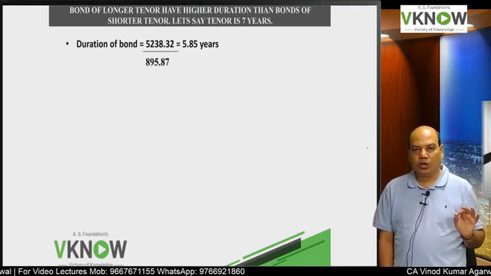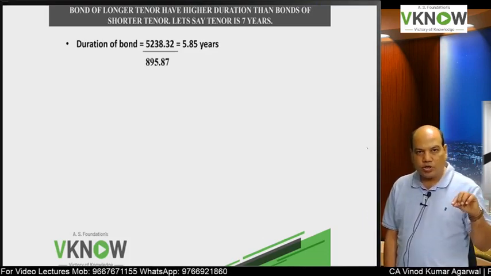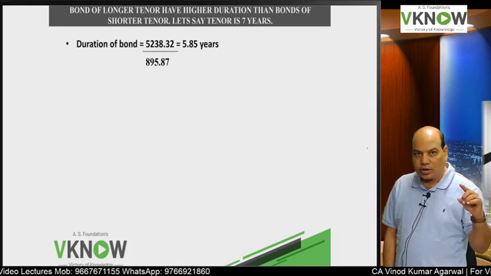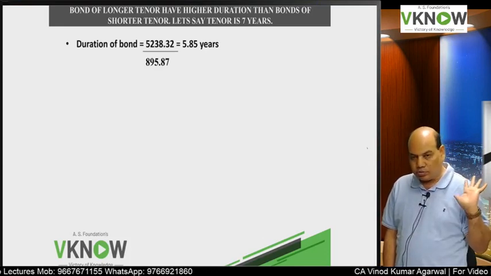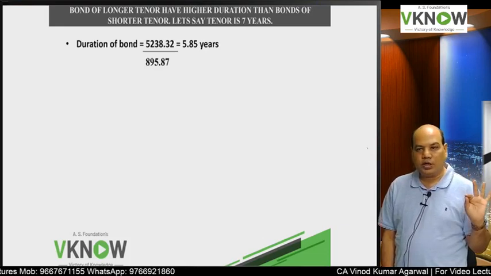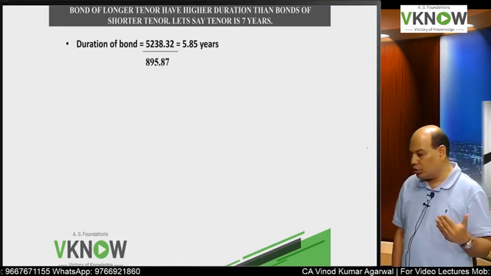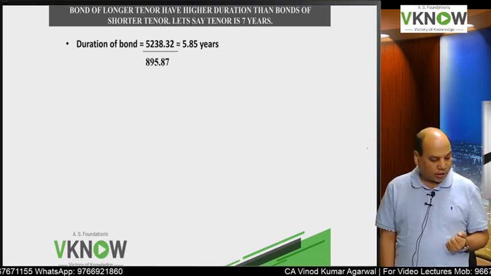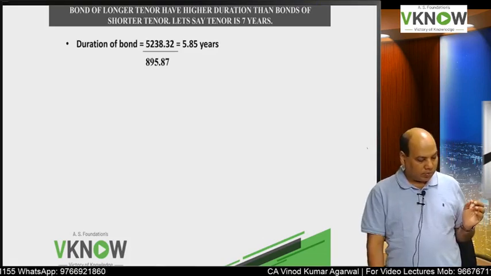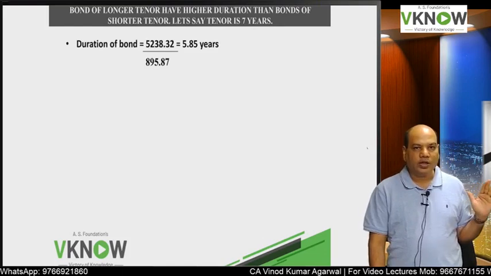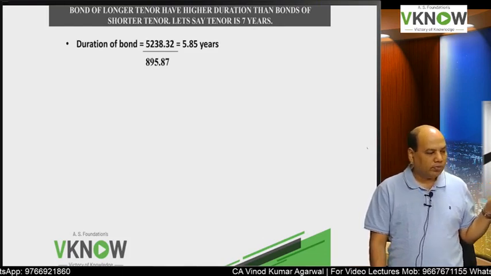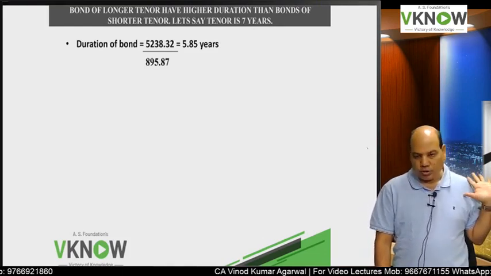Have you noted that this duration is higher than the duration of question number 42, which proves that if the term to maturity is higher, duration will also be higher. So I have proved my next property: bonds with higher term to maturity will have higher duration.